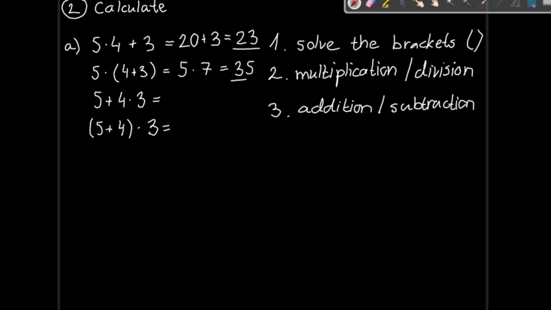That gives us 35. Third case, we don't have brackets again, so we must do the multiplication first. 4 times 3 is 12. And now the addition, 5 plus 12 is 17.